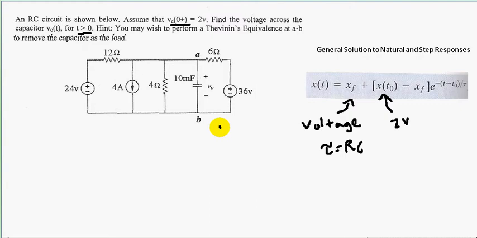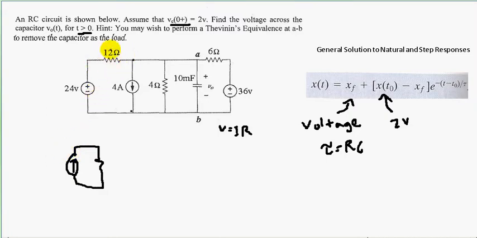Using Ohm's law, remember V equals I R. We're going to transform this Thevenin's equivalent into Norton's equivalent, where we have a current source in parallel with our resistor.